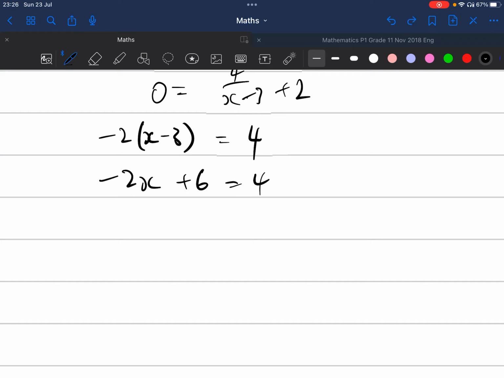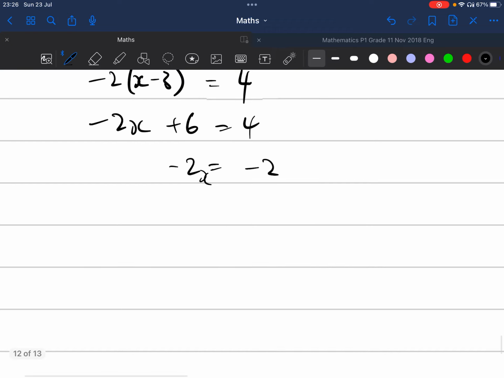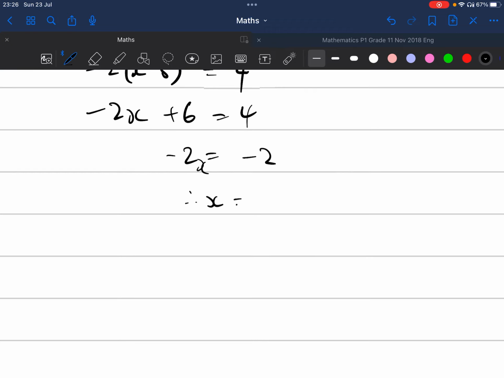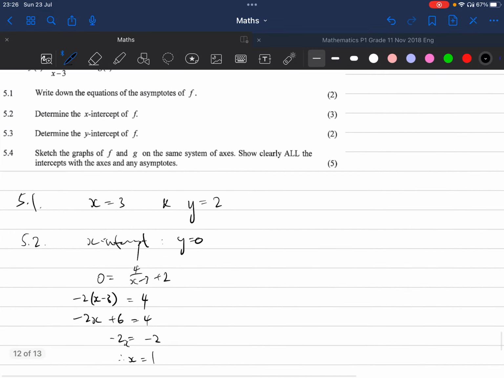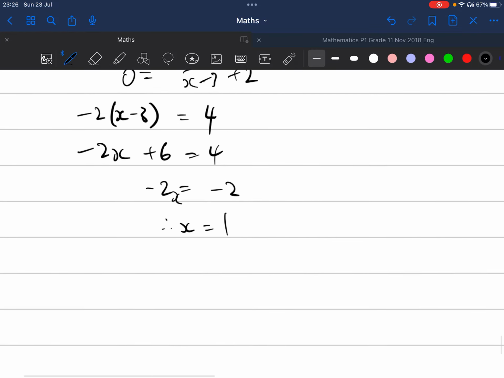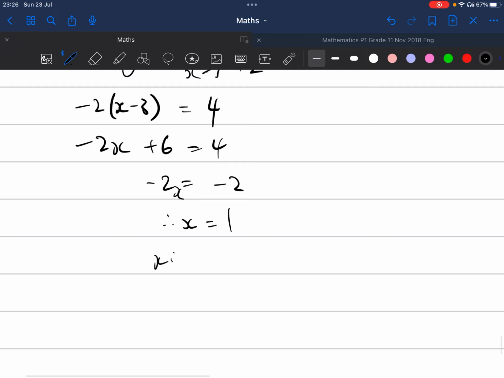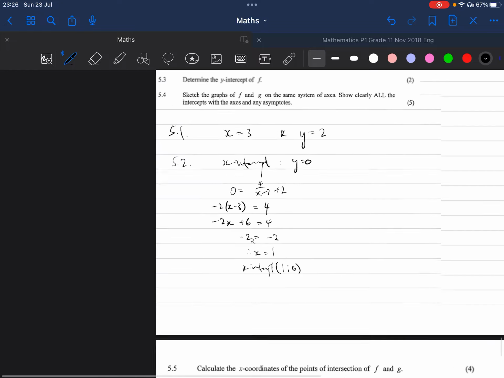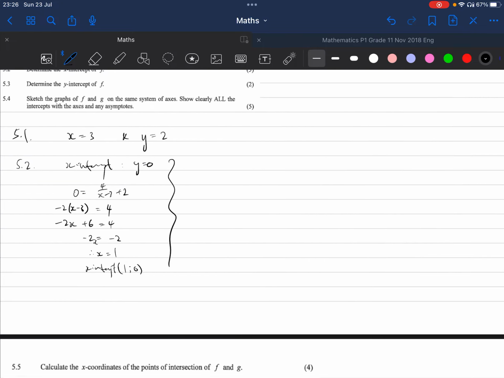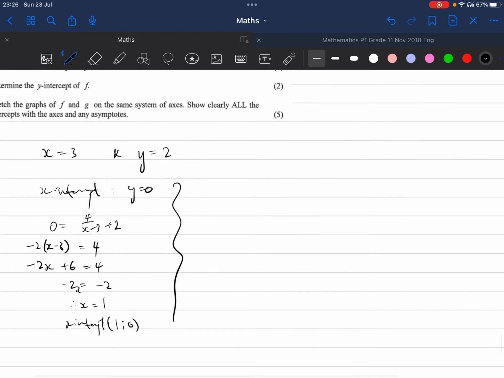So 4 minus 6, which is minus 2, and therefore x is equal to 1. So that's the x-intercept of f, and the actual coordinates are 1 and 0.